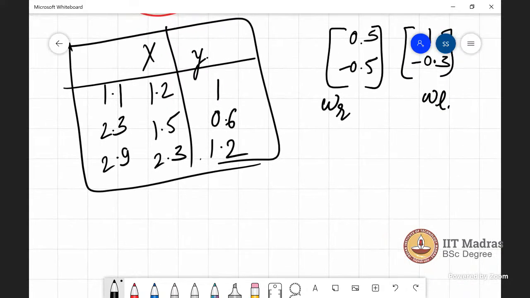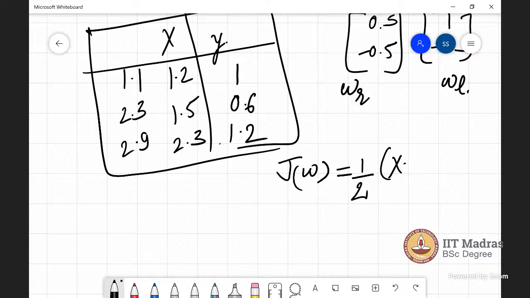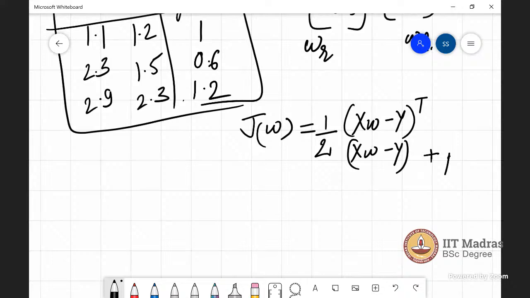Okay, sounds great. So before we go, we have to write the definition or equation for the loss function, which looks something like this: half of (xw minus y) transpose (xw minus y), and depending upon the penalty, which could be ridge or lasso.